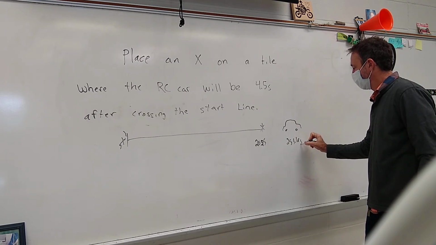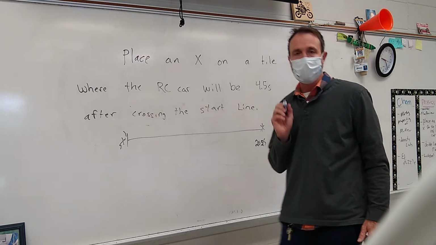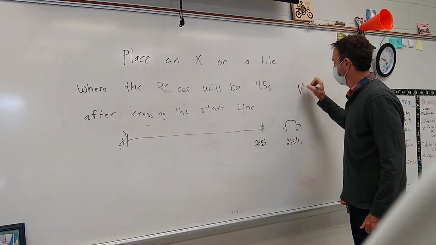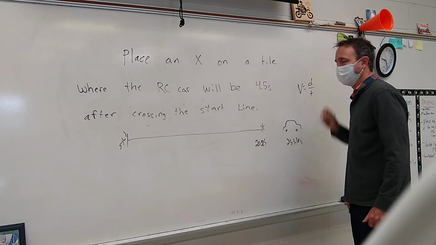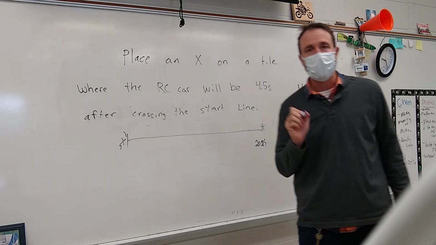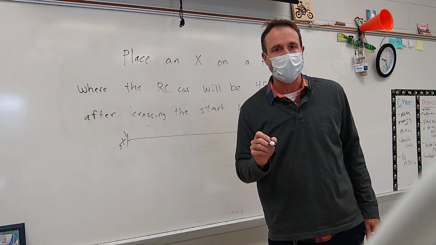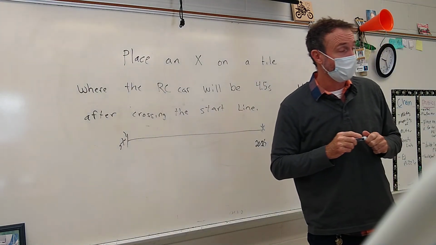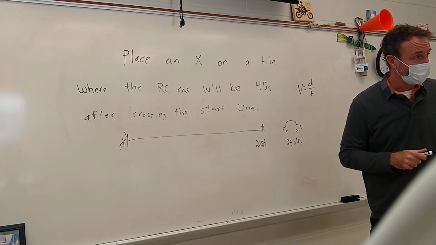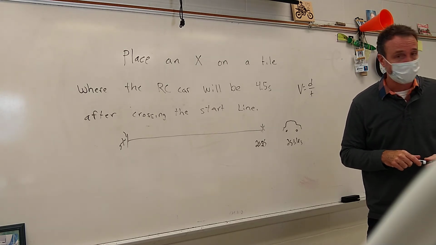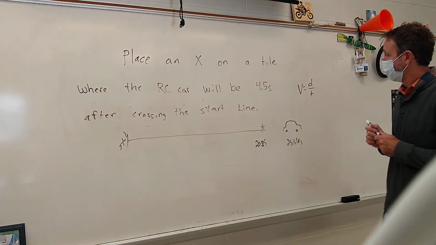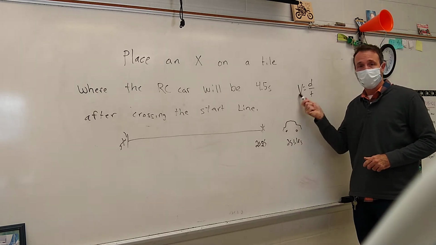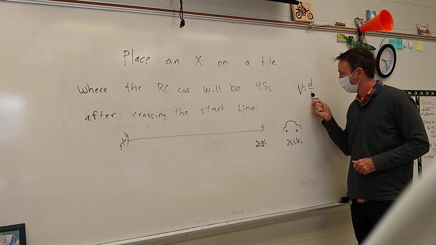So the next thing I'm going to ask you is, what was the actual velocity of the car? Velocity is equal to distance divided by time, and the car went 25 tiles in 4.5 seconds. So what was the actual velocity of the car? Here's what we would do. Velocity is equal to distance over time.